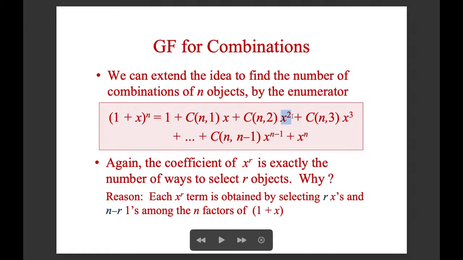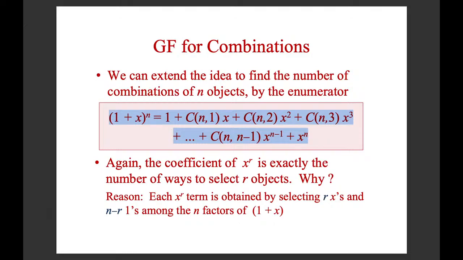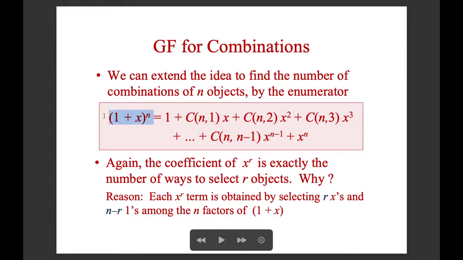So for x squared, the coefficient will be n choose 2, for x cubed, the coefficient will be n choose 3, and so on and so forth. We know that this is true just by having our interpretation of 1 plus x to the power n as a generating function of the selection problem, and the meaning of the coefficient of each x to the power k term, so that we write it down here. Okay?